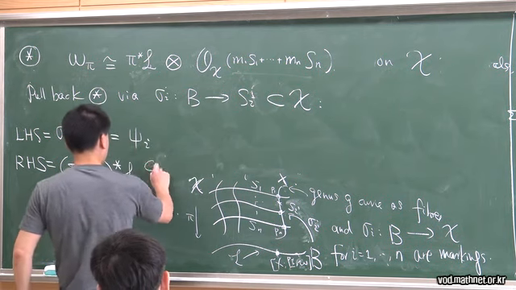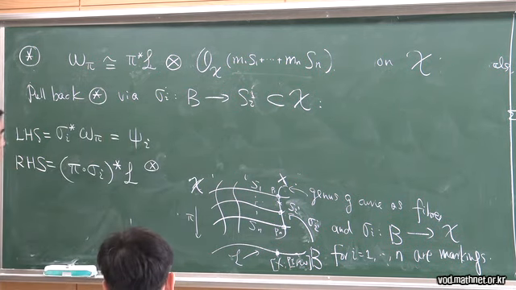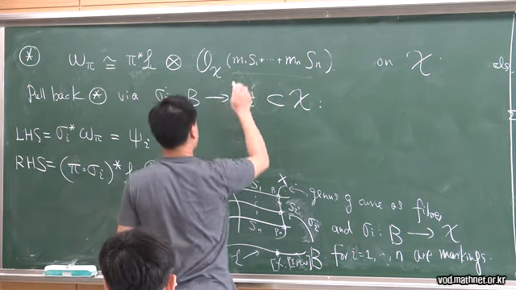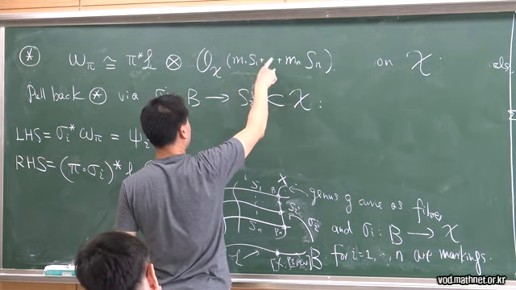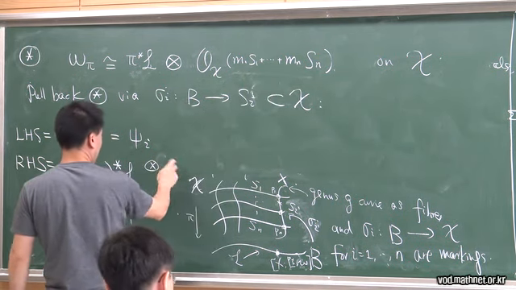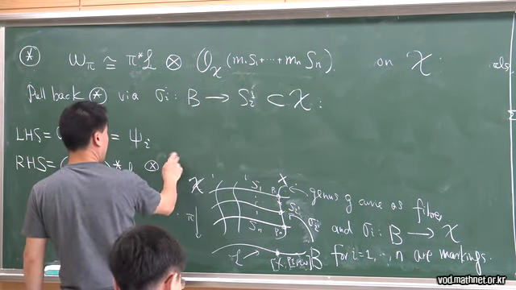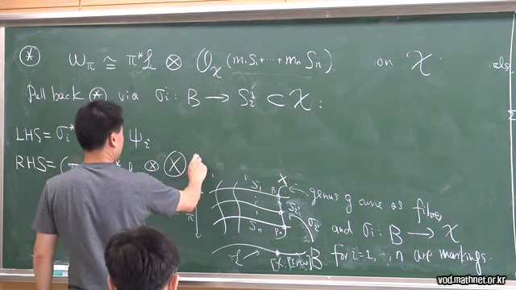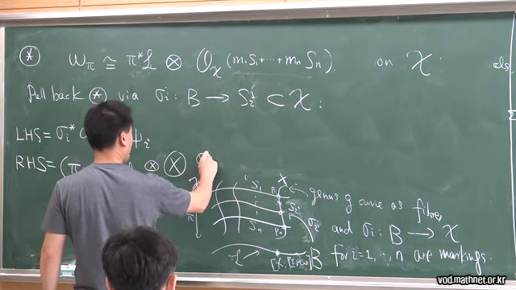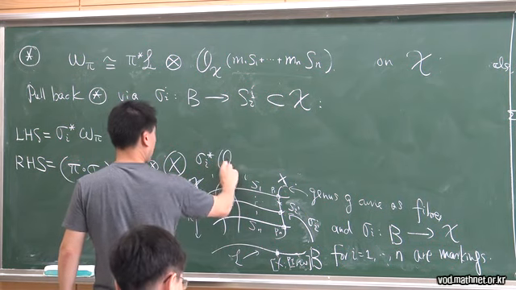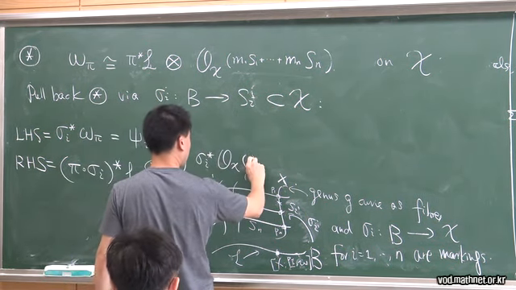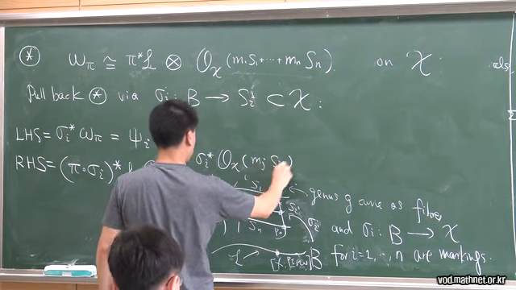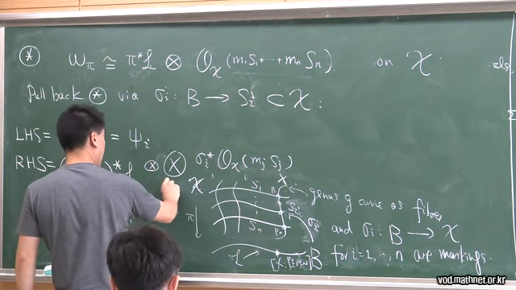And the other term, I can pull back each. I can write this as a tensor product of O_X(m1 S1) tensor O_X(m2 S2), and so on and so forth, and pull back the tensor product by sigma i. I already used i, so let me change the index: O_X(mj Sj) for j from 1 to n.